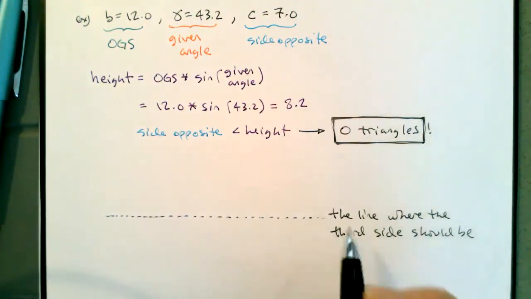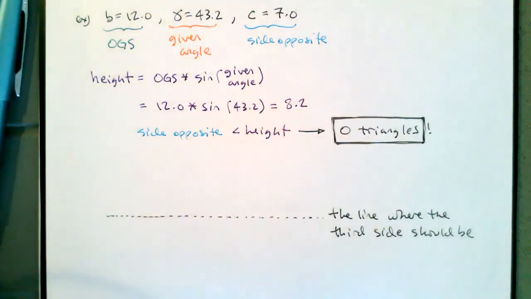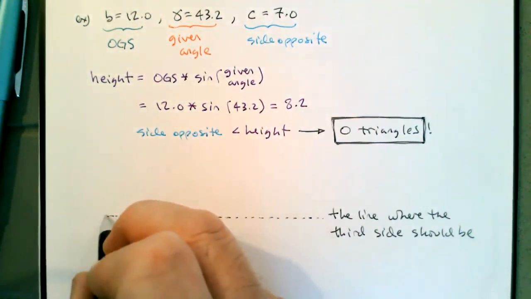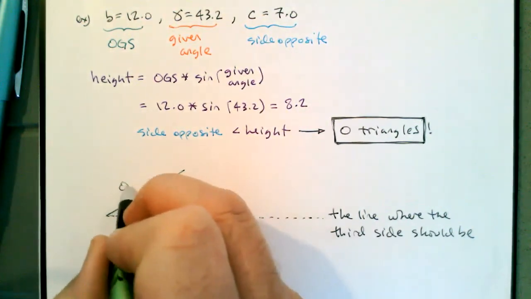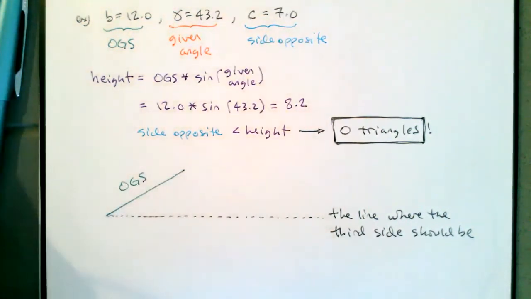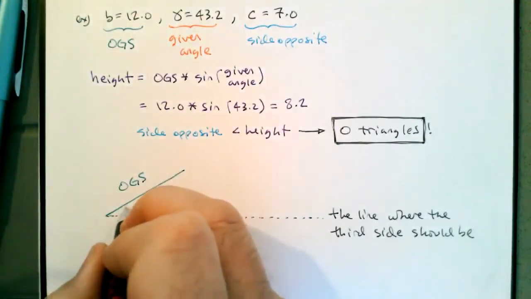If this is the line where the third side is, I want to draw the given angle and the other given side. They're going to be connected to each other. So here is the other given side, and here is the given angle.